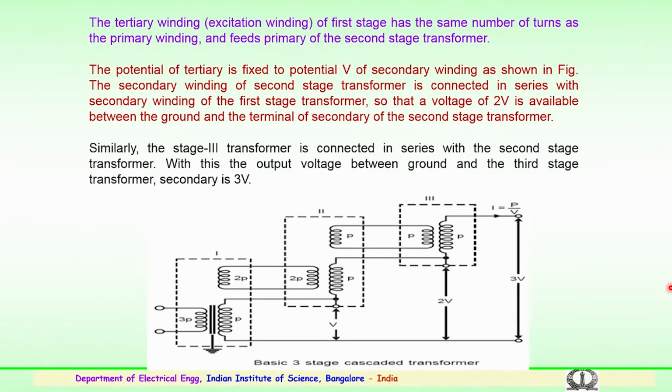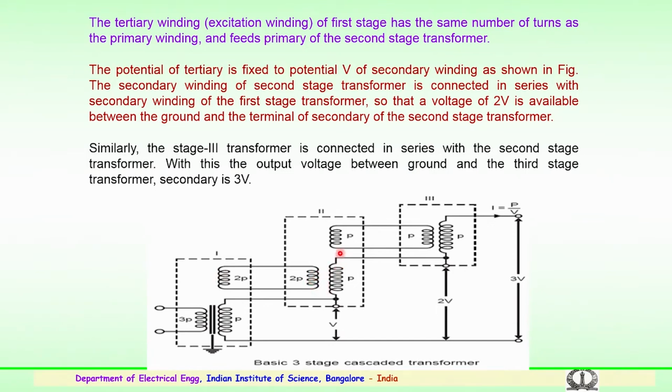So, basically the cascade connection is shown here. You have the first transformer shown here. A portion of the winding on the first transformer, an exciting winding or a tertiary winding, is taken out from the first transformer, and this forms the primary of the second transformer.